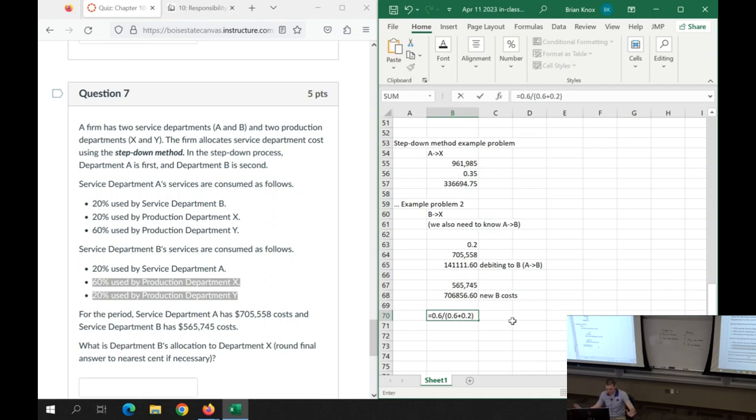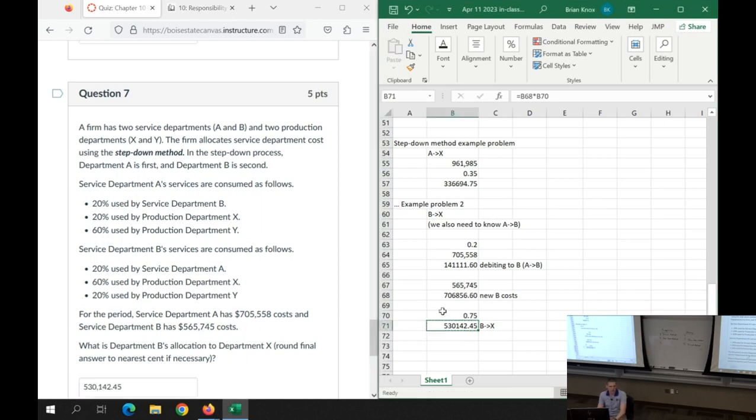I just wrote out here mathematically what I said. 60% over the sum of 60% and 20% gives us now 75%. So 75% of the work that counts was done for Department X. So now this is the B to X allocation.